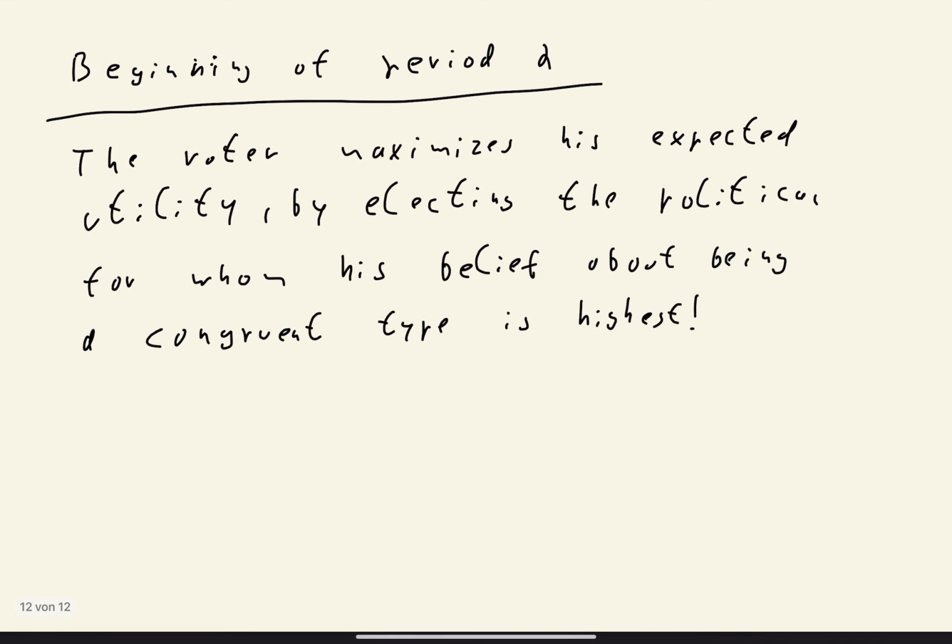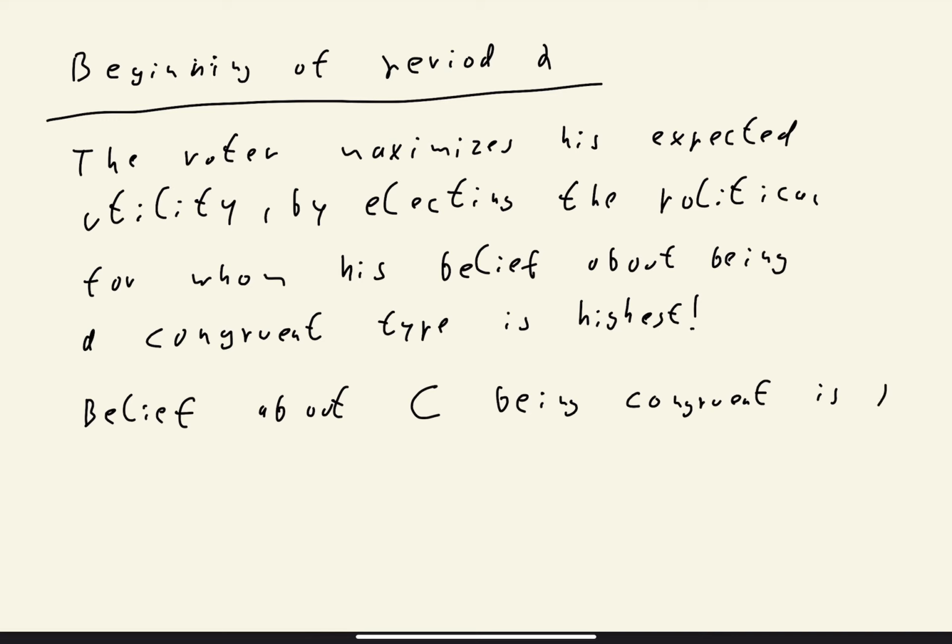The belief about the challenger being congruent is simply given by pi C. This was given in the description of the exercise.